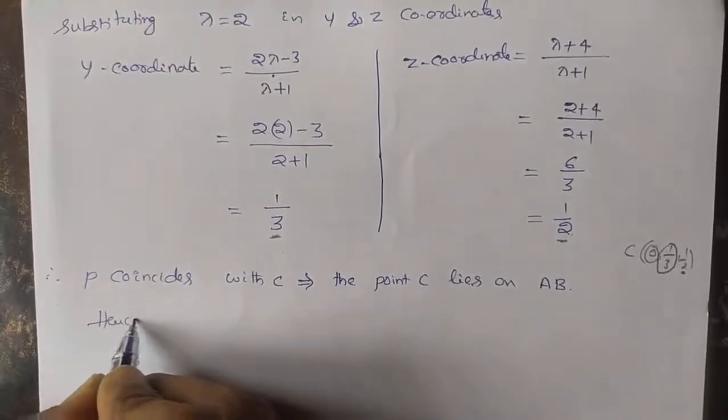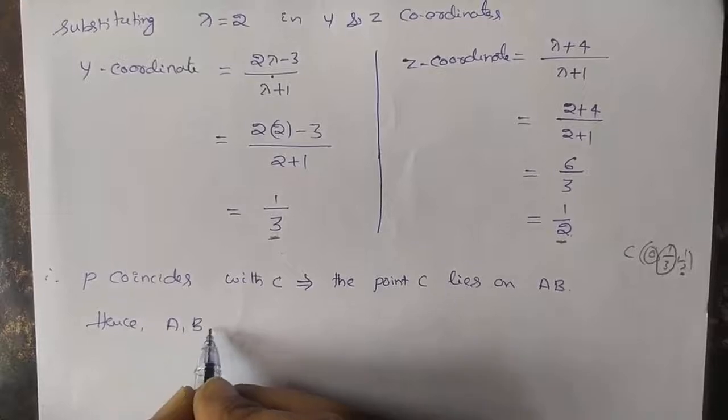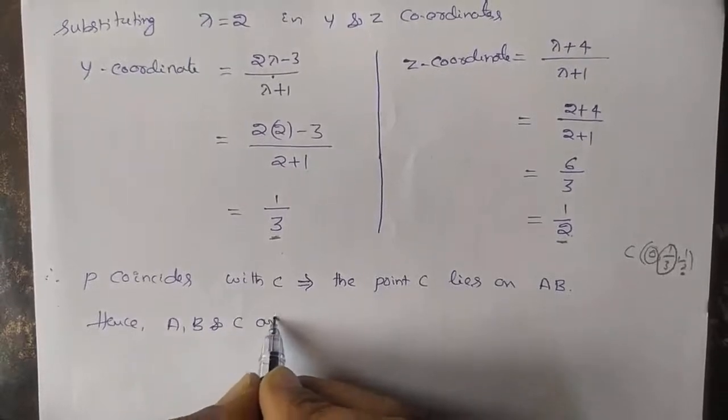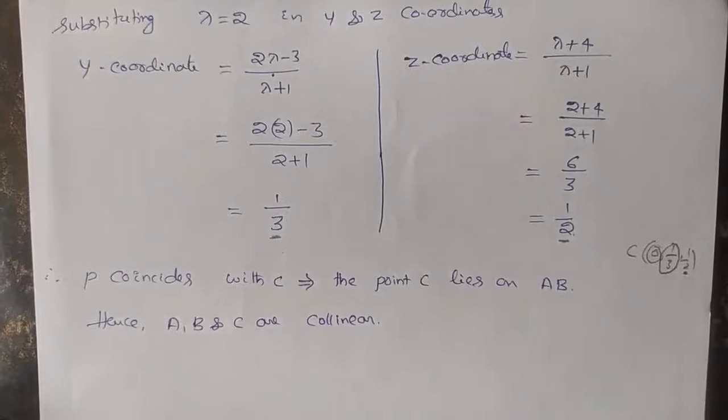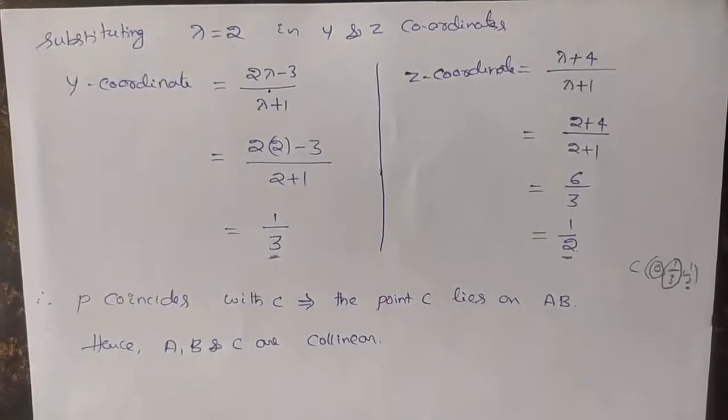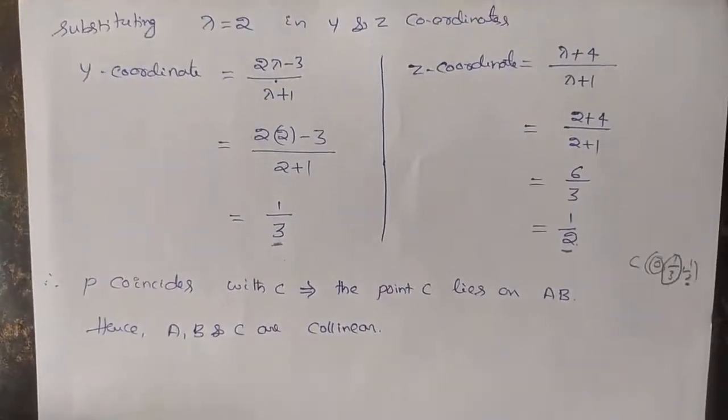Hence A, B and C are collinear. Hence this is the procedure using the section formula.